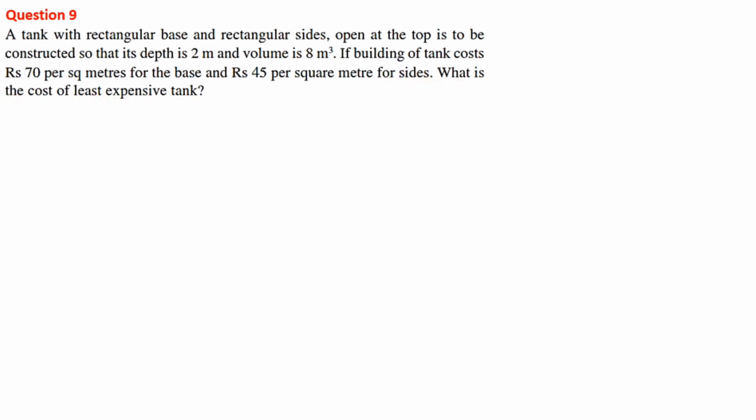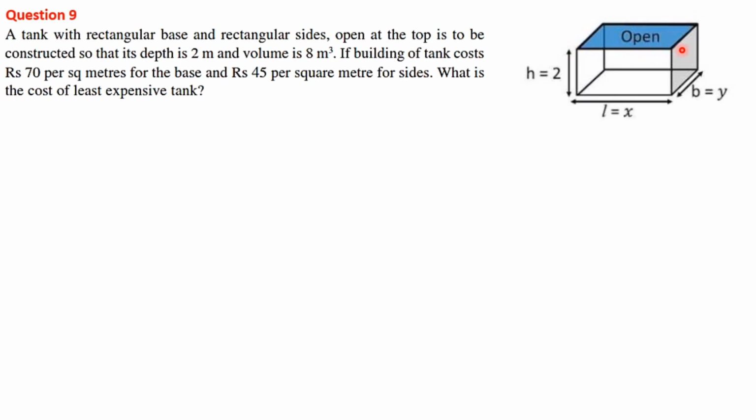So when we visualize the tank, it looks like this. It is open at the top and the height is given to us as 2, and the length and the breadth are missing. Of course we need them for calculation. For that purpose we have taken x and y. Then there are 2 more conditions given. Building of tank costs rupees 70 per square meter for the base. This is the base.